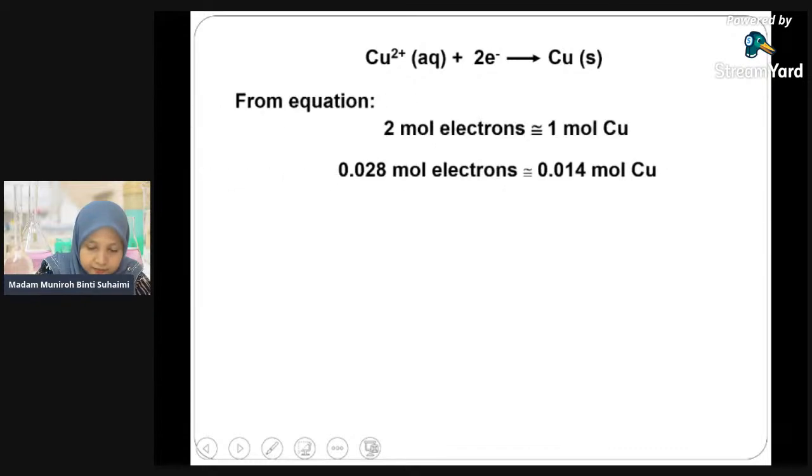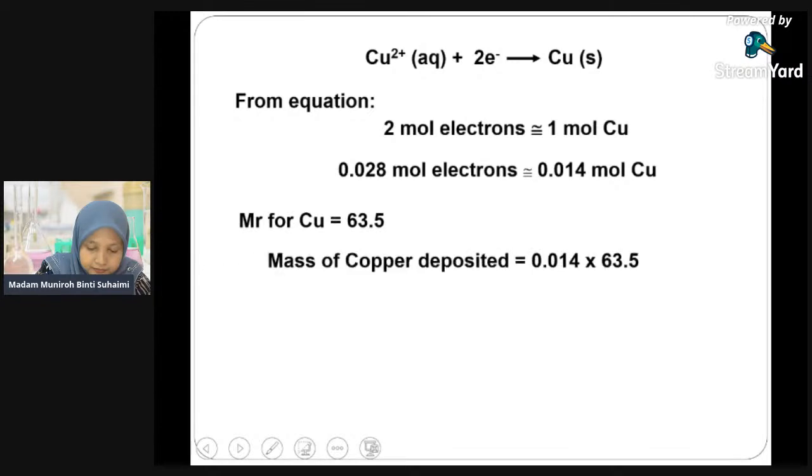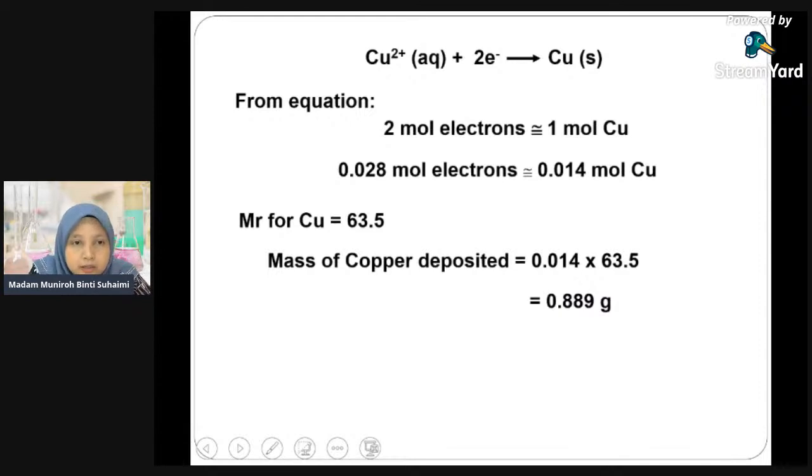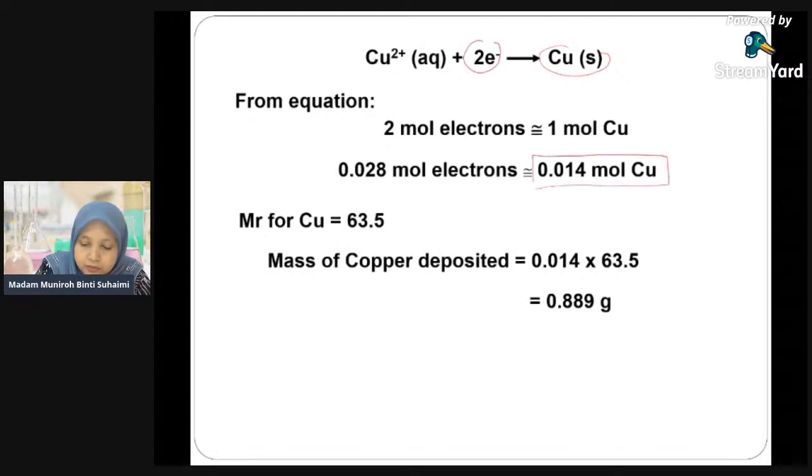Copper 2 plus, so we have 2 electron. From equation, 2 mole electron produce 1 mole of copper. From calculation, we only have 0.028 mole of electron, so we only have 0.014 mole of copper.